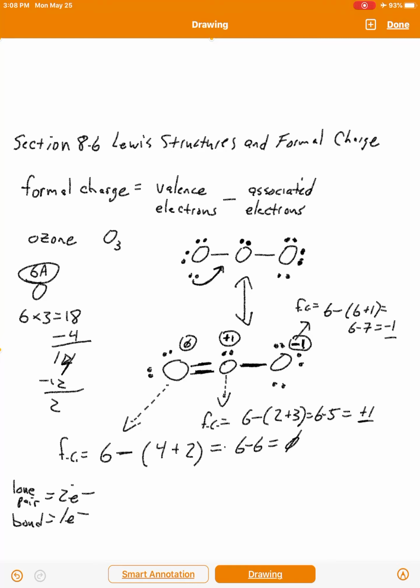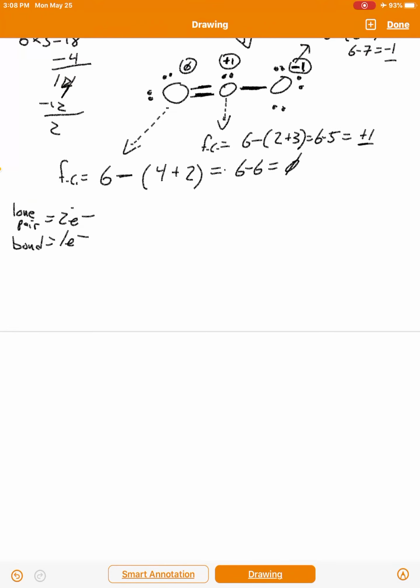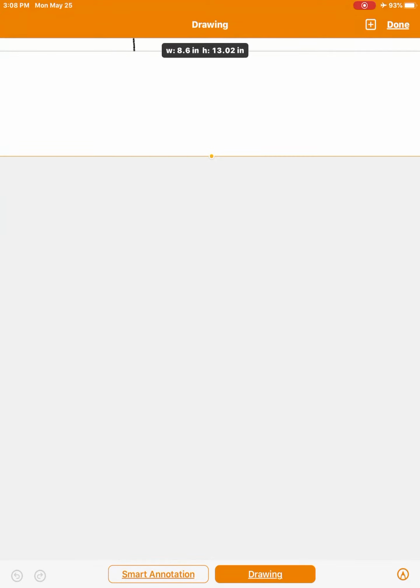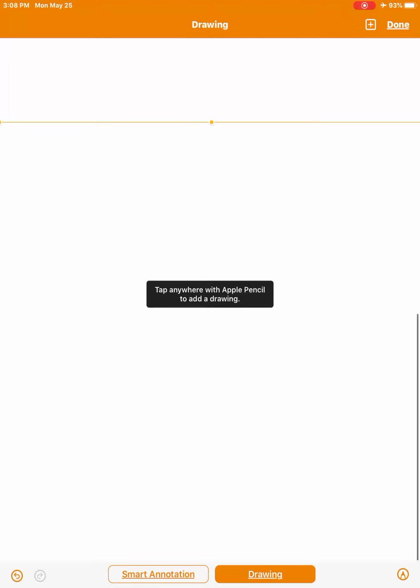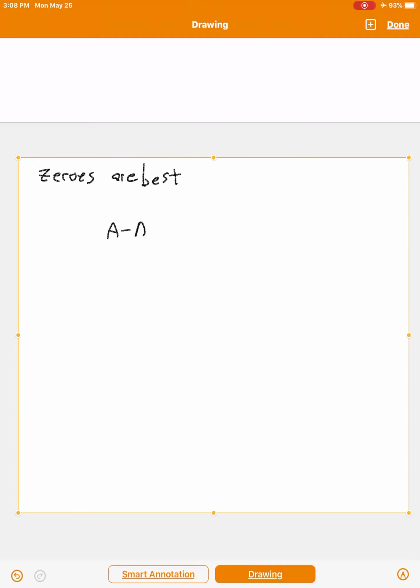In general, zeros are best. So for example, if I have some structure, I'm just going to make up a structure, and this is 0, and this is 0, and this is 0, that is a better structure than, let's say, plus 1, plus 1, 0.